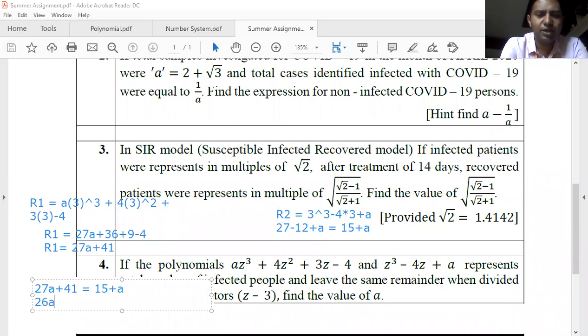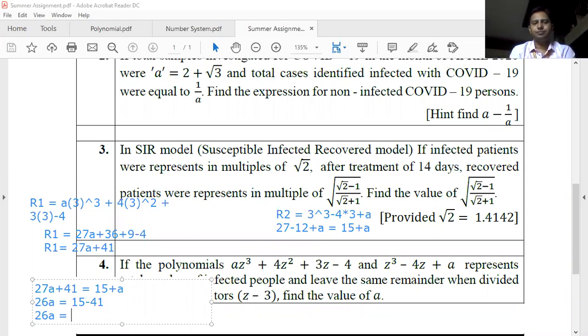And 15 minus 41 is minus 26. So the value of a is minus 1. In this form, we need to solve this question.